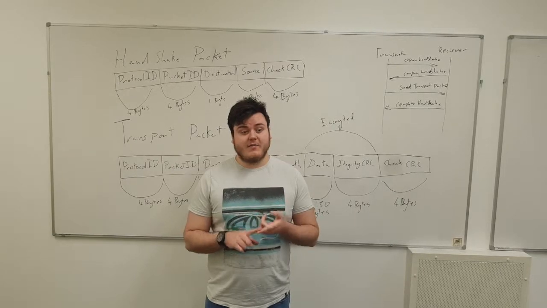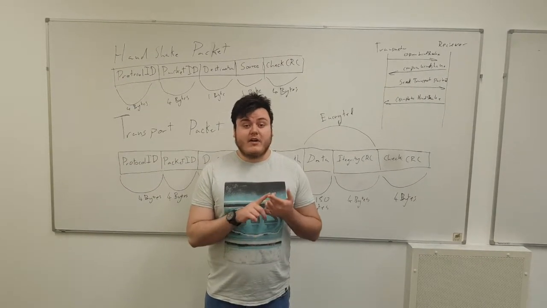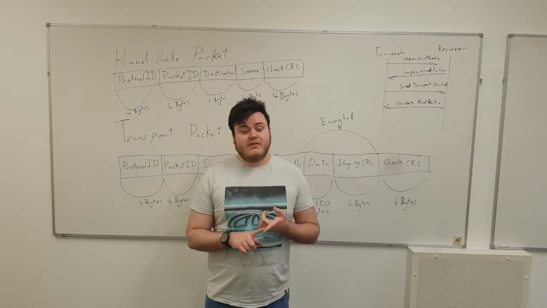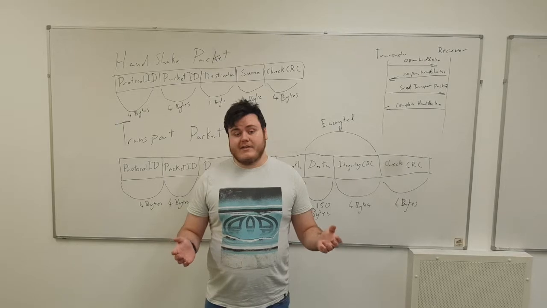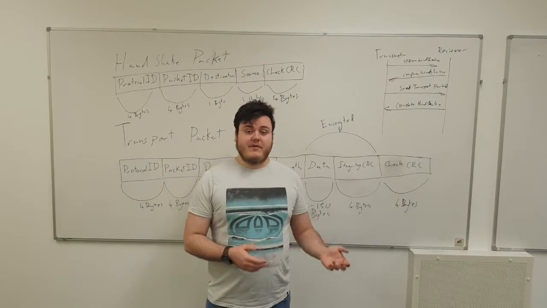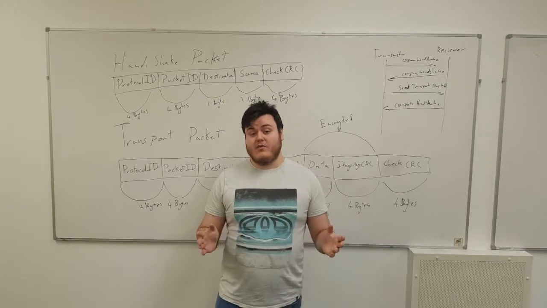We couldn't send an SSH connection over, we couldn't send even a web signal. There wasn't really much we could do. So the only real way we could get around this issue but still use the equipment we acquired was to create our own protocol.